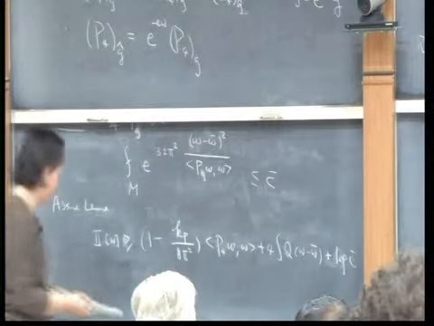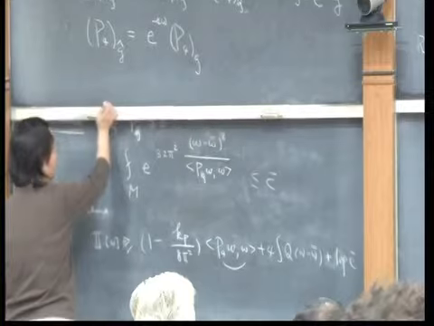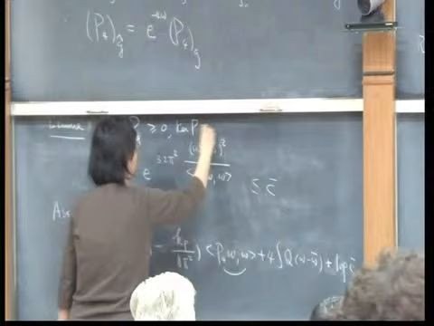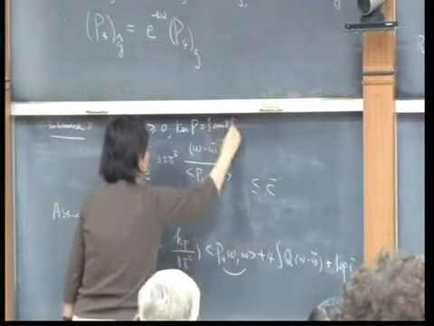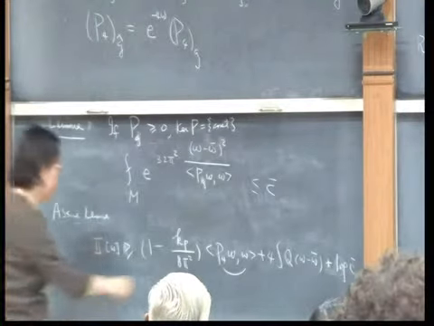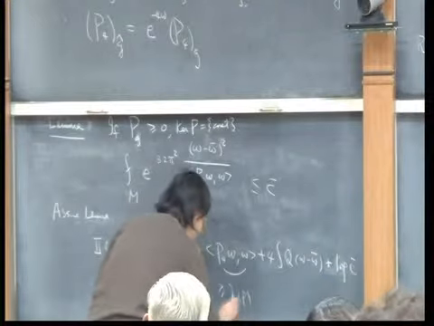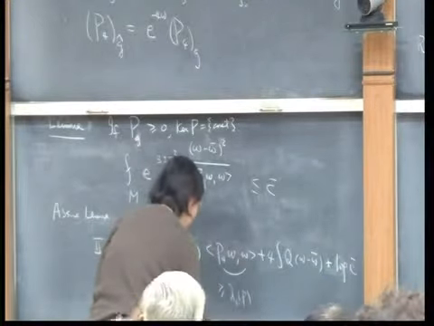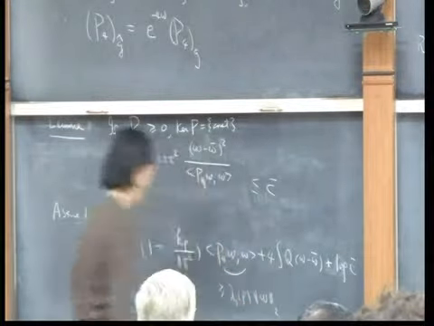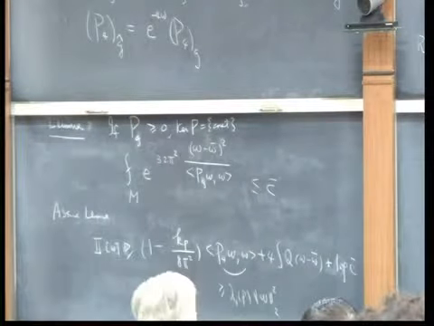So what I can do now is I assume that the kernel of P only consists of constants. So its first eigenfunction is positive. Okay? So this is greater than or equal to lambda 1 of P, lambda 1 of this operator P4, times the L2 norm of W squared.